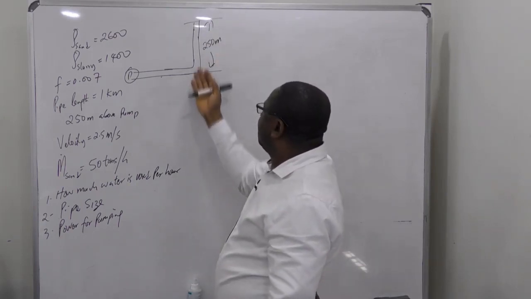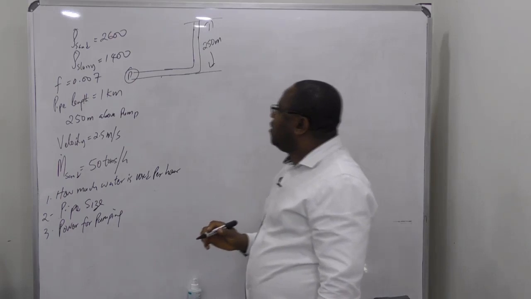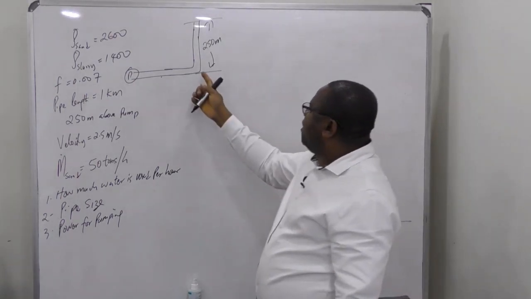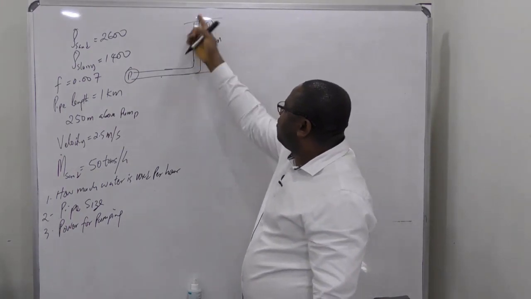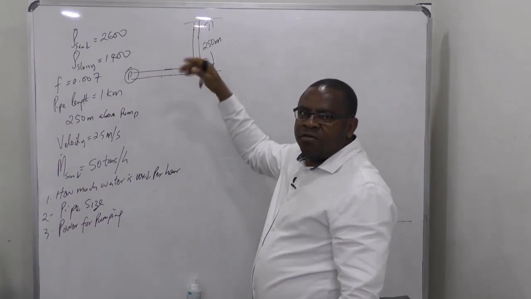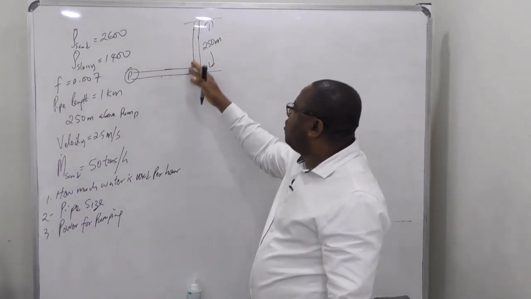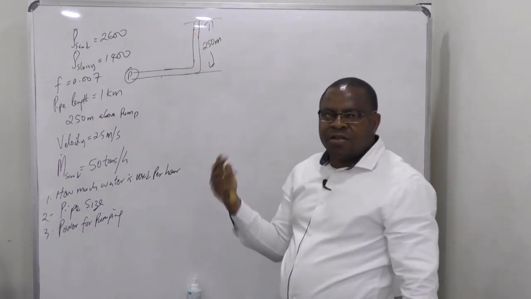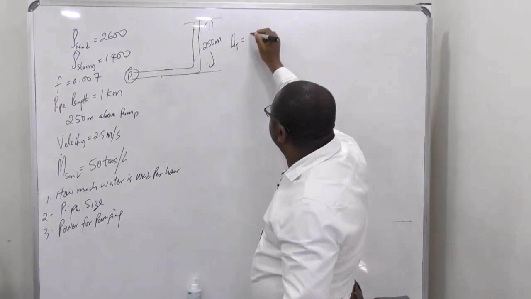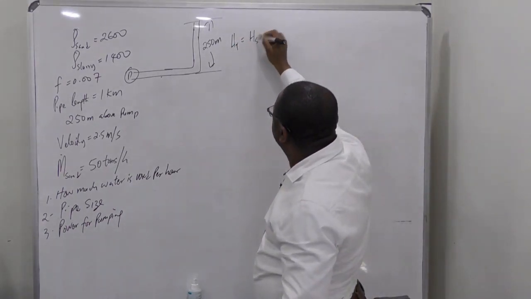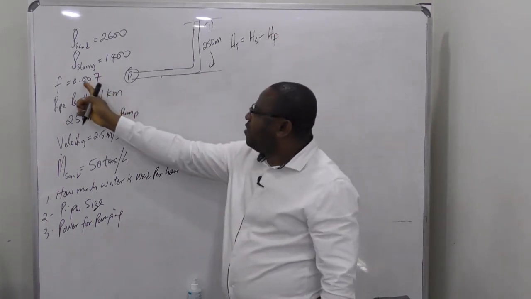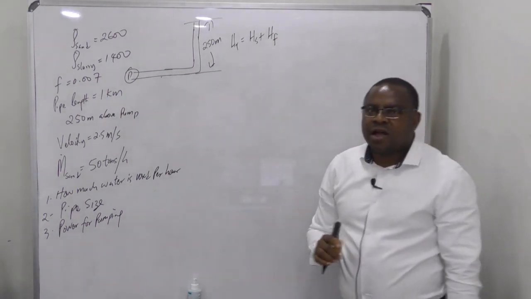For you to lift water from here to here, you need at least a certain amount of power, mgh energy, to move from here to that point. As you are pumping this, there's going to be some frictional forces also. So total head is going to be static head and frictional head. That's why you are given something like that, right?